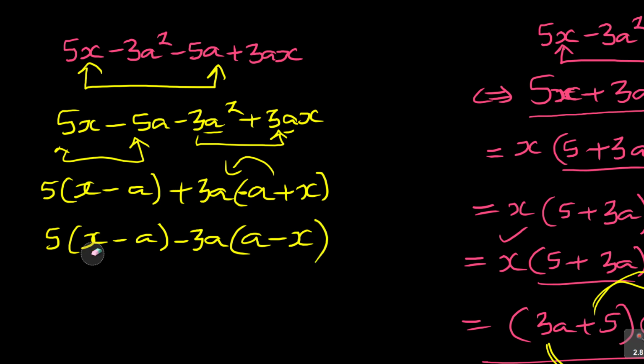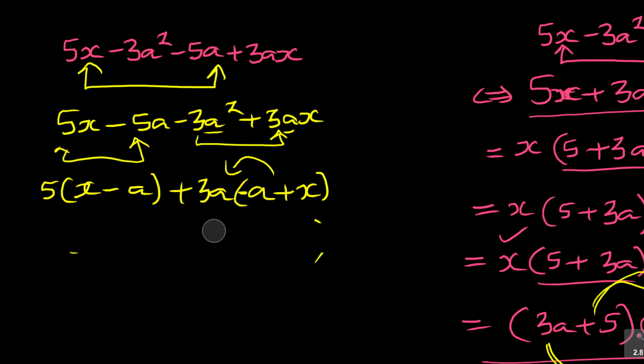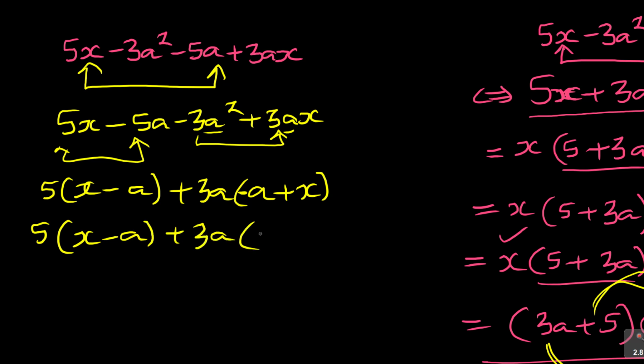Okay, I don't think I was supposed to take out a negative actually. On this one, there is no reason for the negative here, because already look, I'm the one who's confusing here. It's x minus a plus 3a, start with x, so it's x minus a. It's already done, it's matching.